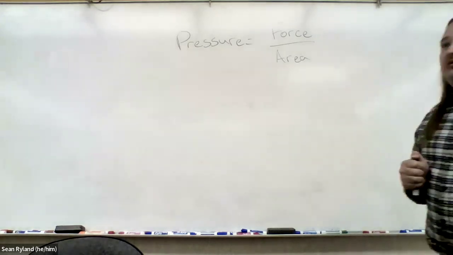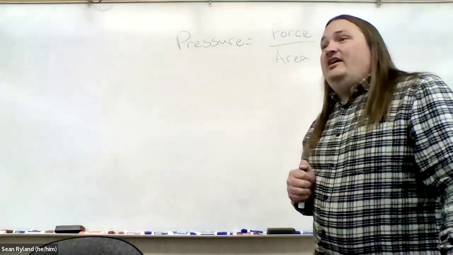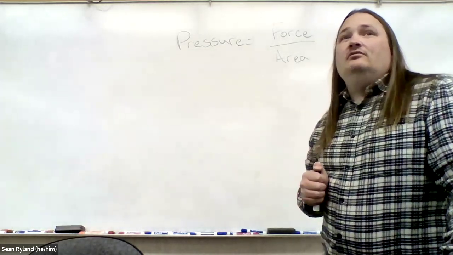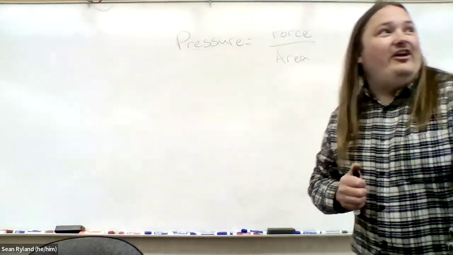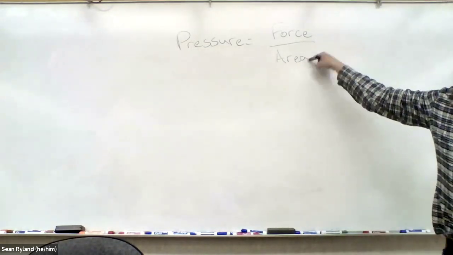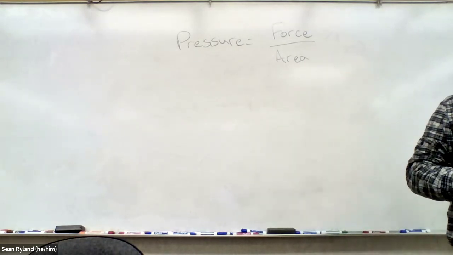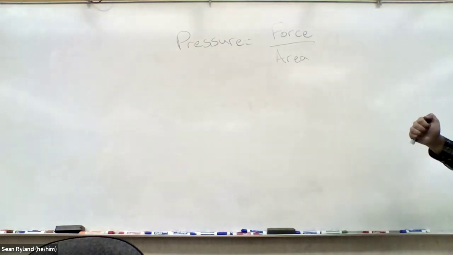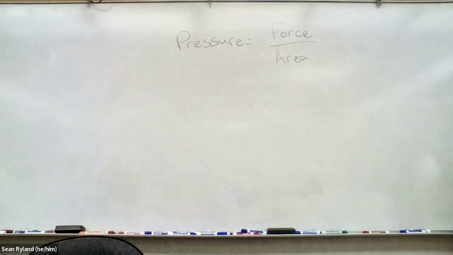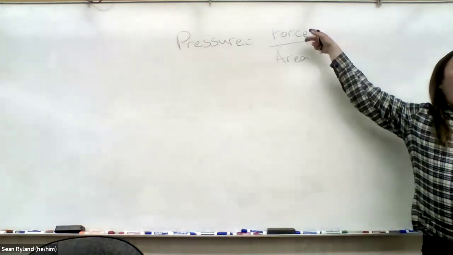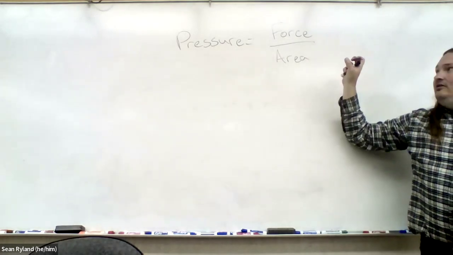It's like gas cylinders, it's like PSI. PSI stands for pounds per square inch. Pounds is a force, square inch is an area. So PSI is a pressure unit. And this is the way that it makes sense, the difference between force and pressure.